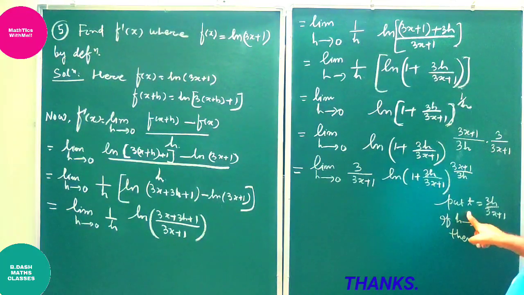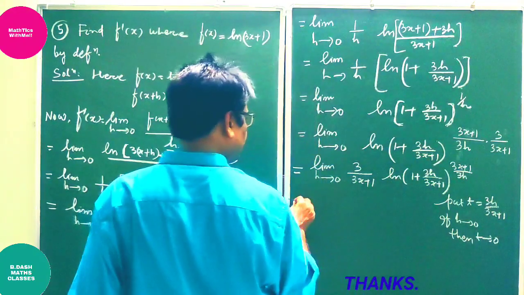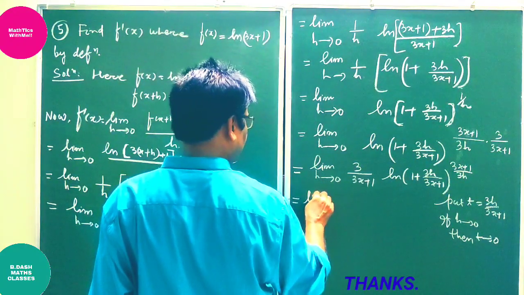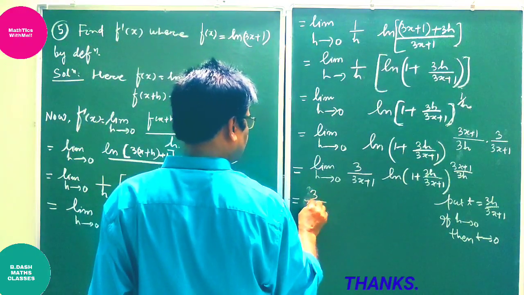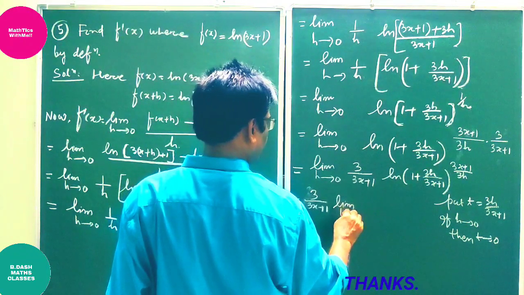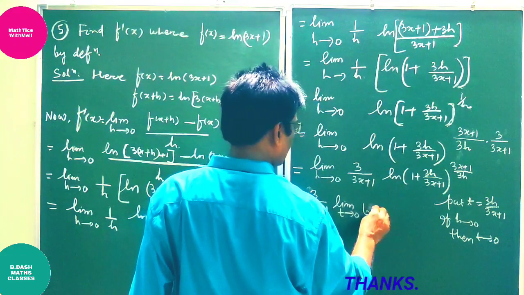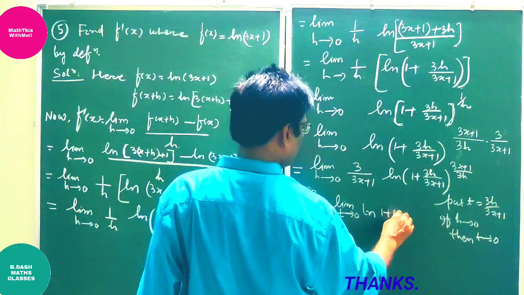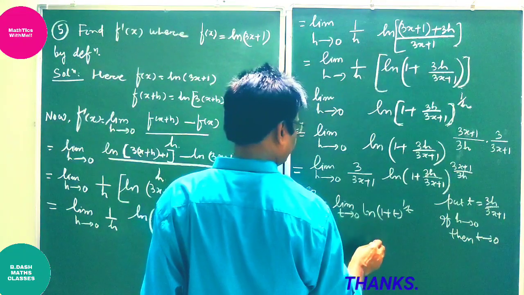So put t is equal to 3h by 3x plus 1, wherein h tends to 0, then t tends to 0. So this becomes 3 by 3x plus 1 limit t tends to 0 of ln of (1 plus t) to the power 1 by t.